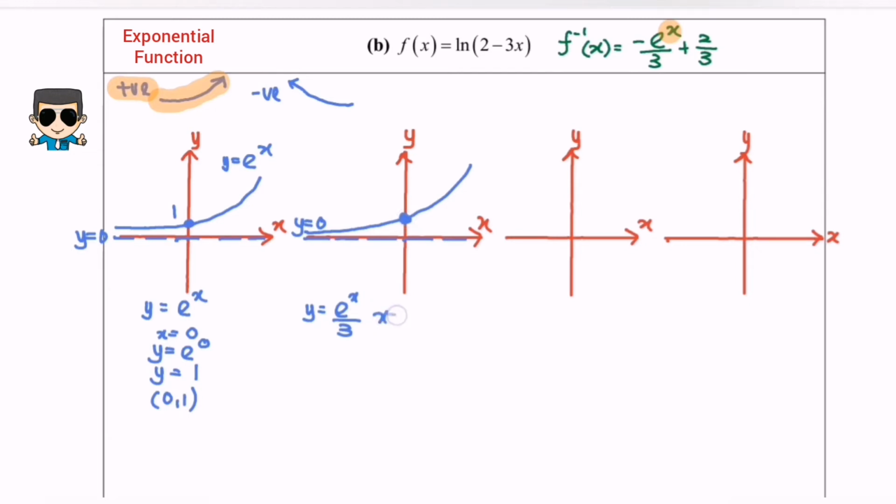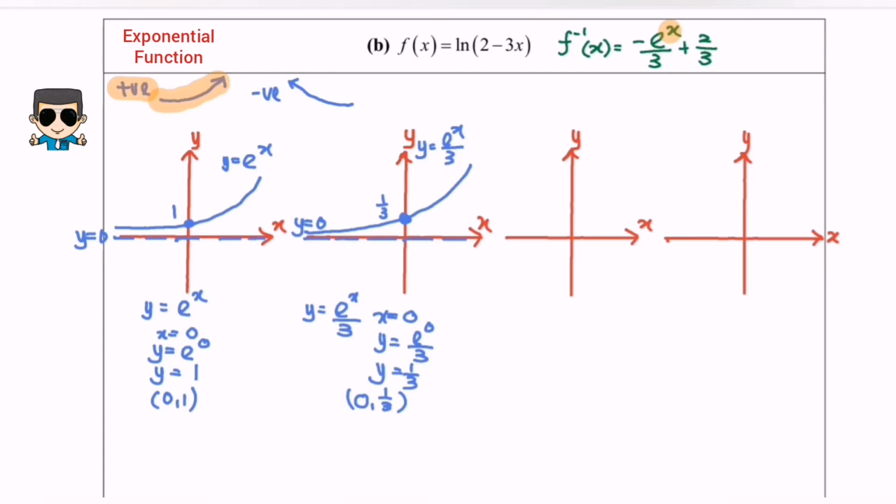When x equals 0, we have y equals e to the power of 0 over 3, so y will become 1 over 3. The coordinate for the y-intercept will be (0, 1 over 3). So y equals e to the power of x over 3.